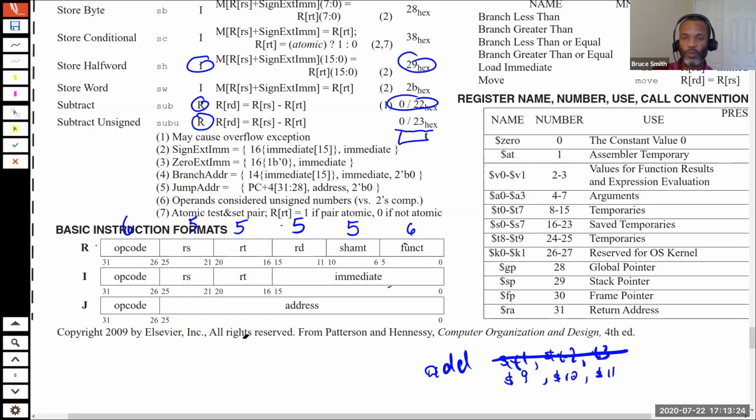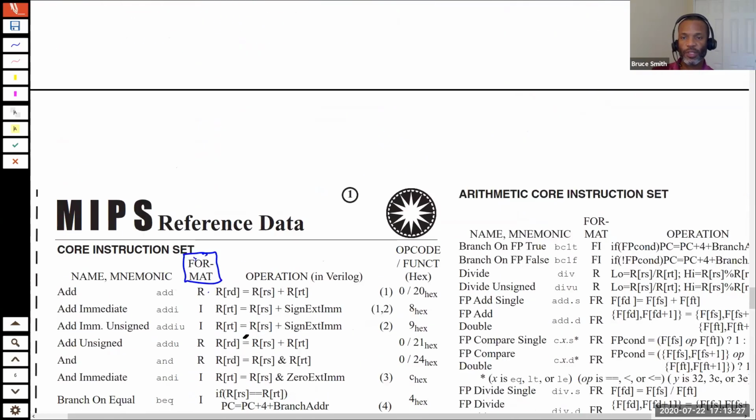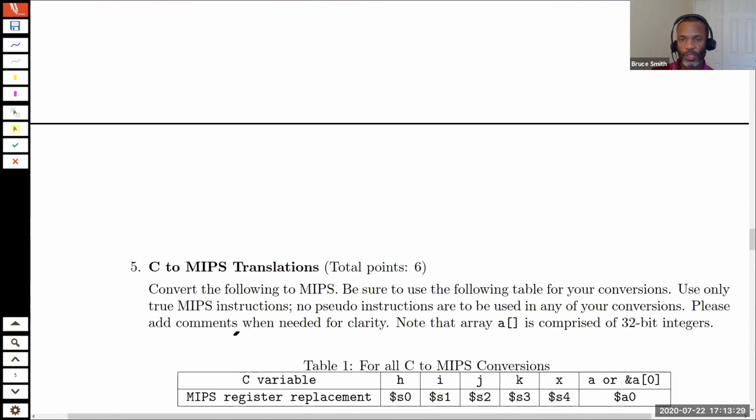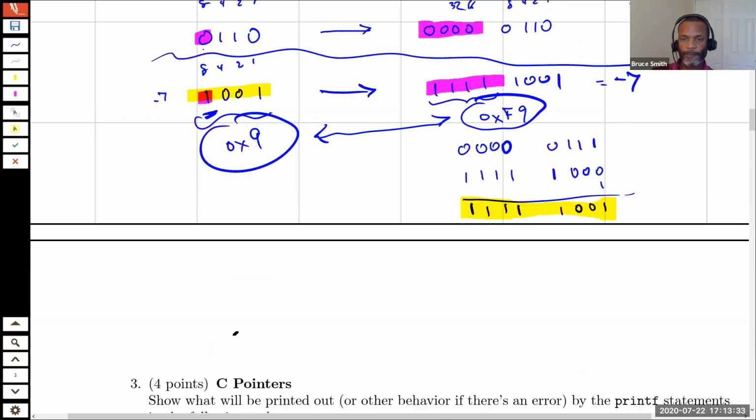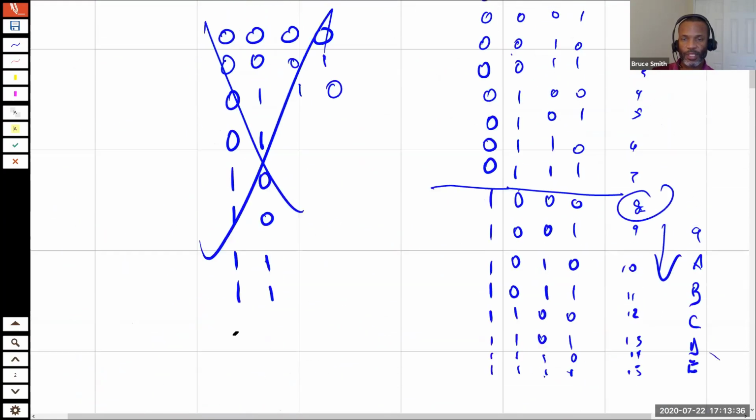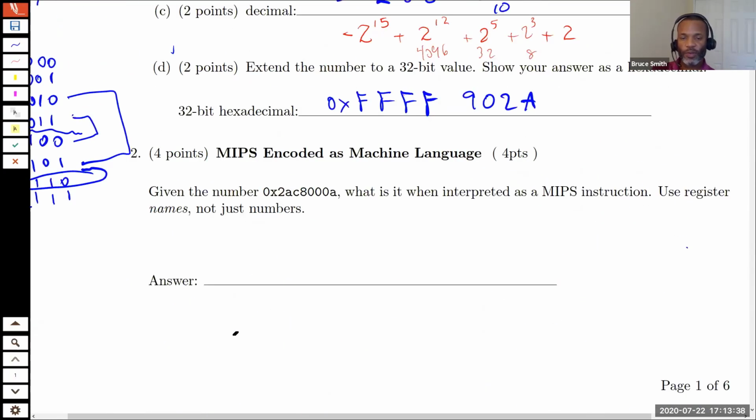So let's go back now and look at what this value is here. Well, let's go all the way back up. In order for you to know which instruction this is, you will have to look at the bits. So this is a hex 2. I'm going to write this as 0, 0, 1, 0.